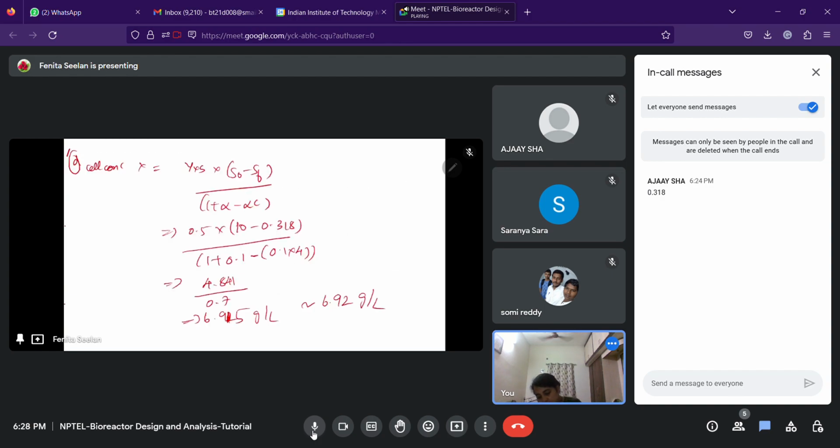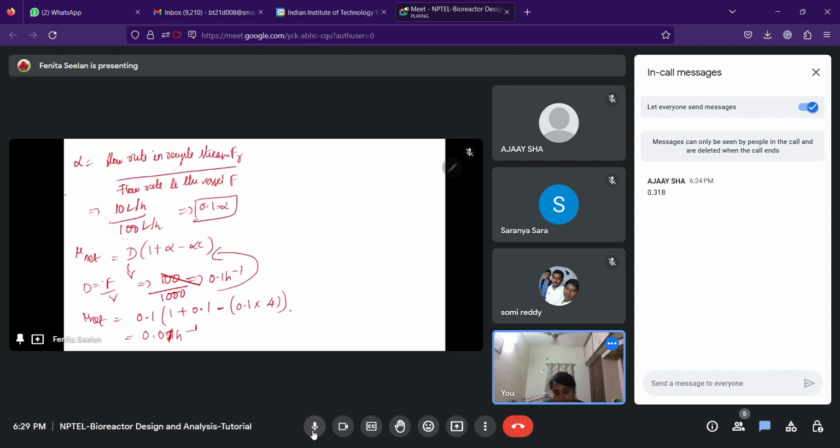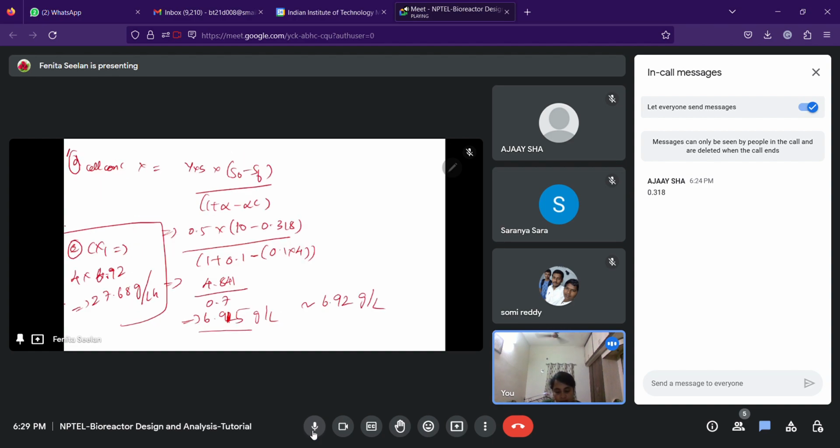Cx1 is equal to 4 times the cell concentration, which gives 27.8. So this would be the cell concentration in the recycle stream after separation. This is all about the second question.